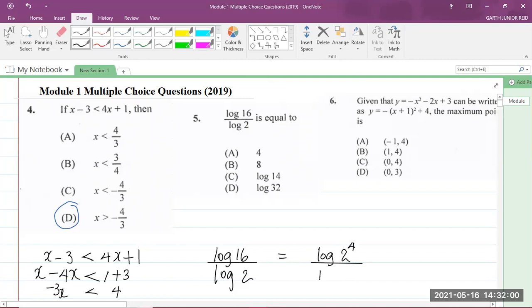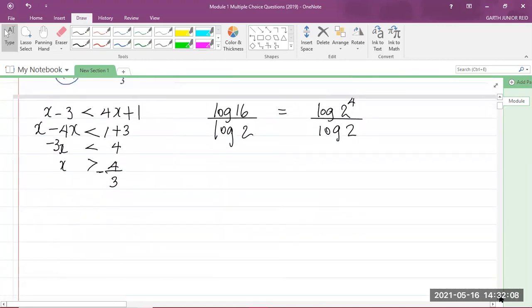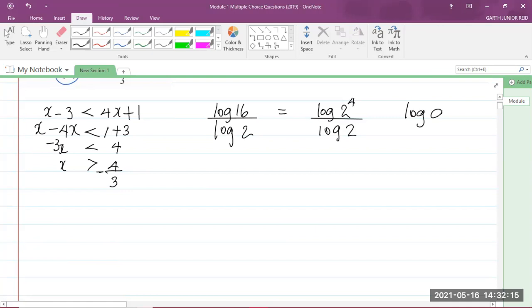And I'm dividing it by the logarithm of 2. That is what we have. I will now be using the laws of logs, which say that the logarithm of a to the power of n is equal to n multiplied by the logarithm of a. So I can carry down this 4 and put it in front of the log.